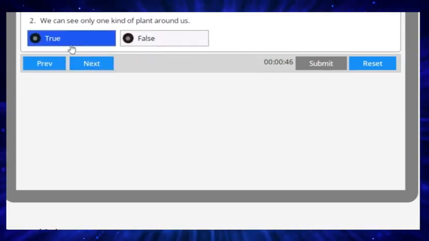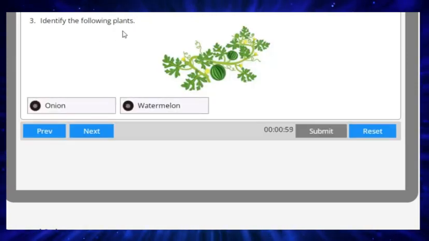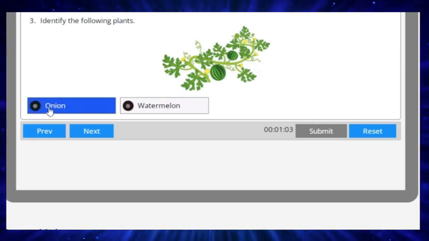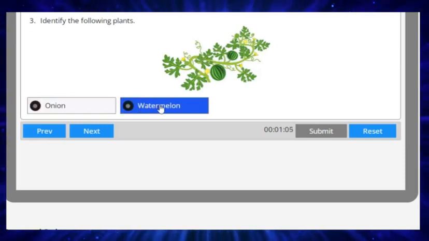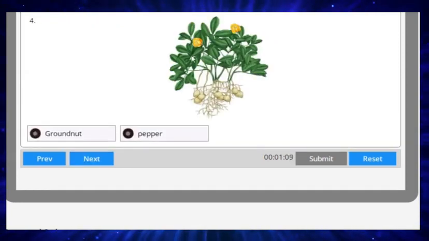Next question. You can see only one kind of plant around us. Is it true or false? Next question. Identify the following plant. Which plant is this? Is it the onion or the watermelon? Which plant is this?